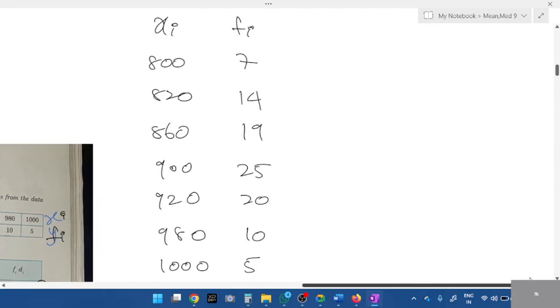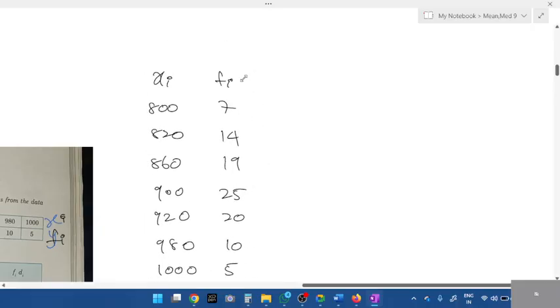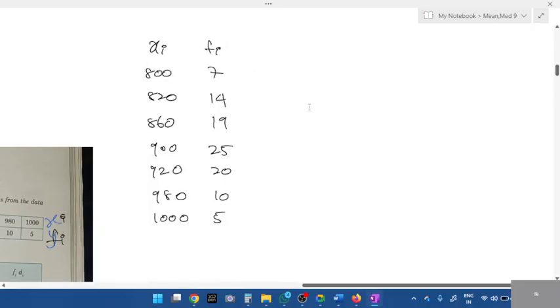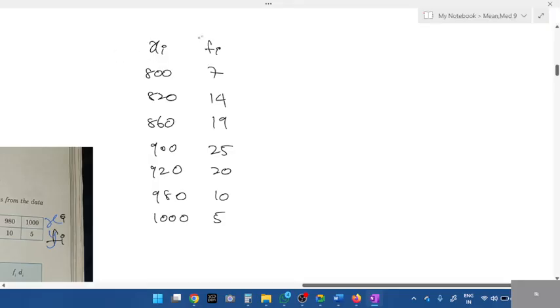Now let us use the assumed mean method. From where do you assume the values, Anya? Xi or fi? We should always assume from xi. Fi we don't use for anything, students. Remember, always use xi.